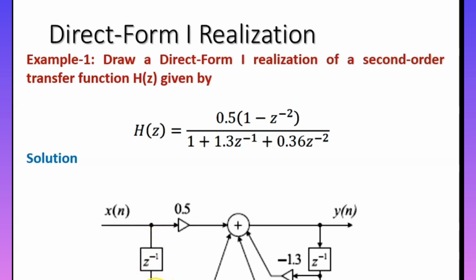This direct form 1 structure has the following properties. It can be regarded as a 2-zero filter section followed in series by a 2-pole filter section.